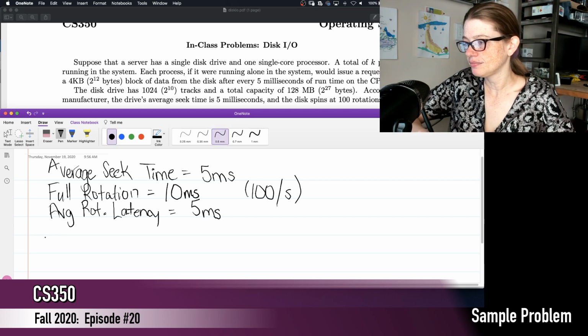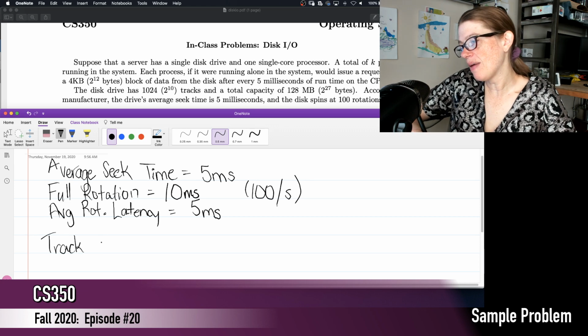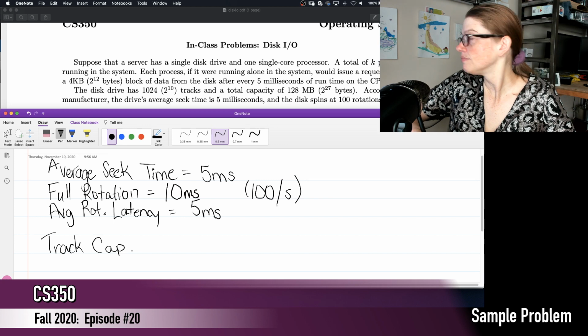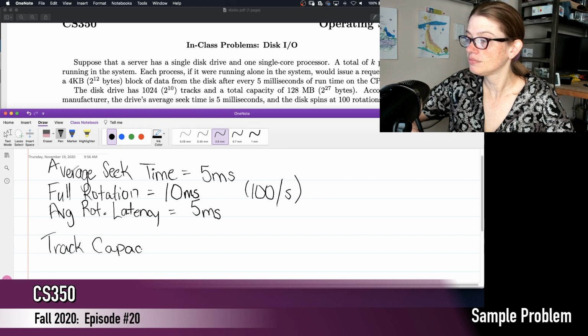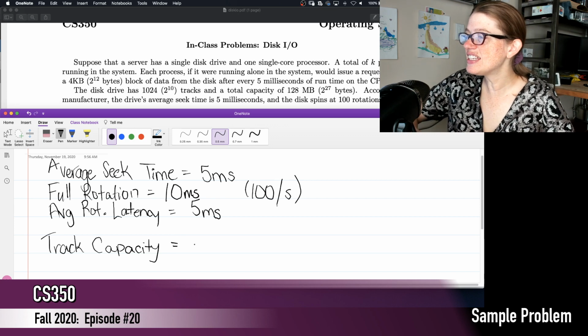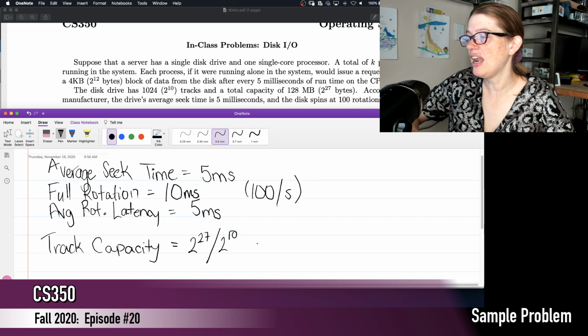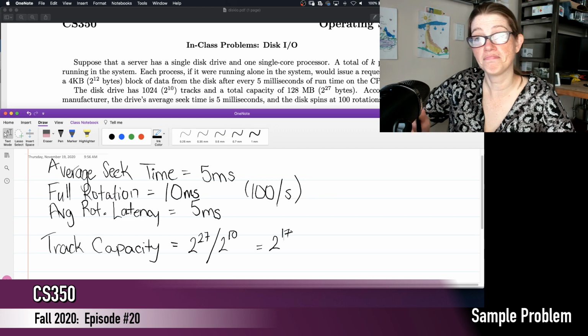So let's look at the track capacity. We're going to take the disk size, which is 2 to the 27, and we're going to divide it by the number of tracks, which is 2 to the 10. So we're going to get the track capacity is 2 to the 17.